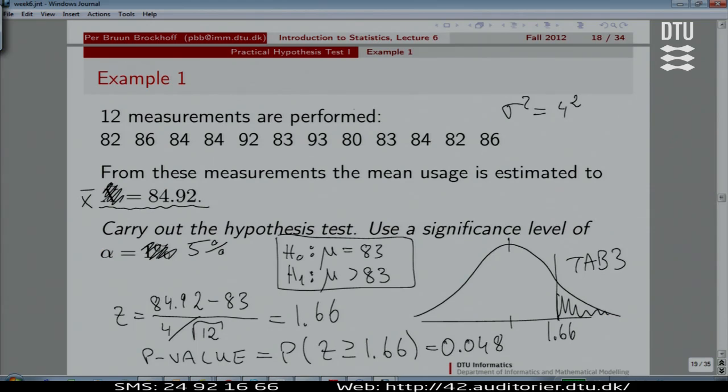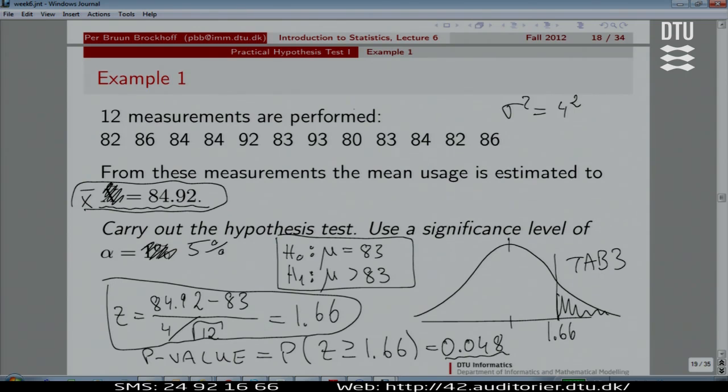Seeing a larger average level, 84.92, would only happen in 4.8% of all cases if the company is true. If we give the benefit to the company and say what they claim is true, then such a deviation as 84.92, which on the standardized scale becomes 1.66, only occurs in 4.8% of all cases.